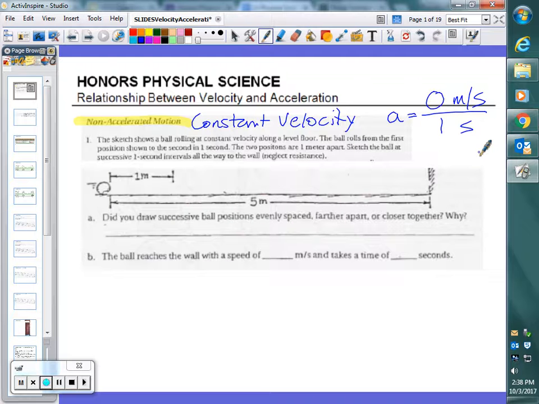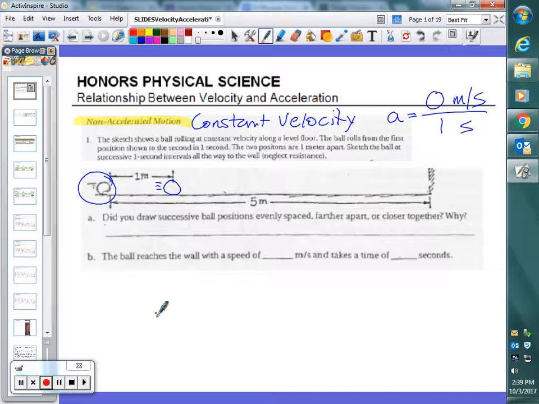All right, so picture, it says, the sketch shows a ball rolling at a constant velocity along a level floor. The ball rolls from the first position shown to the second in 1 second. Now, this picture doesn't show the ball at the second position, but from here to here, that takes 1 second for the ball to roll that far.